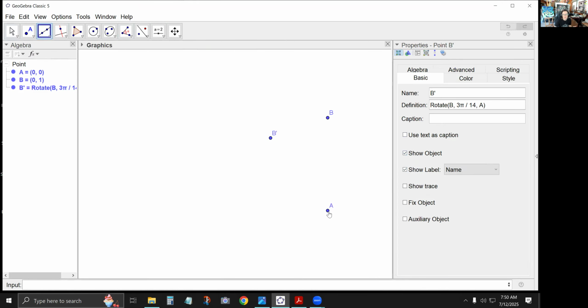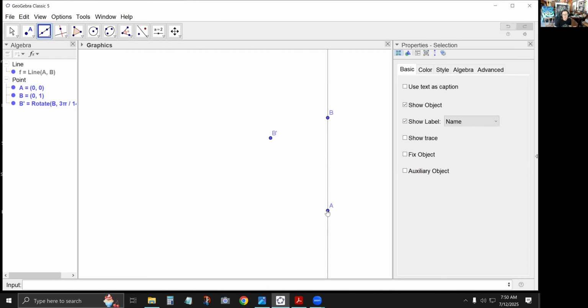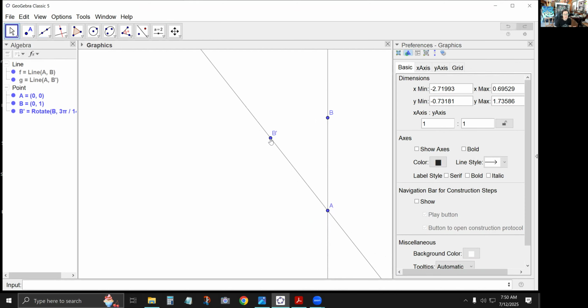So let's put in lines AB and AB prime, and I don't need point B prime anymore, so I'm going to hide it. And then we need a way to find this point G over here.